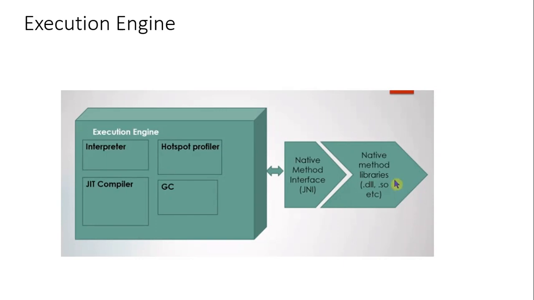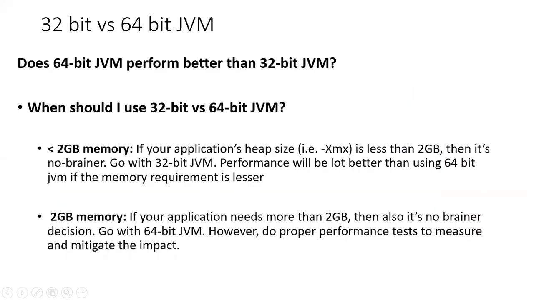No need for the interpreter to work. So that's how the JIT compiler is going to work. Just-in-time compiler. So the execution engine is going to have 4 components: your interpreter, GC, hotspot profiler, and your JIT compiler.